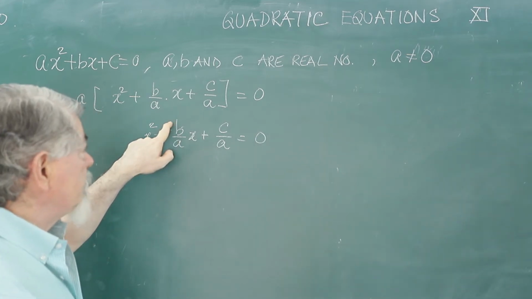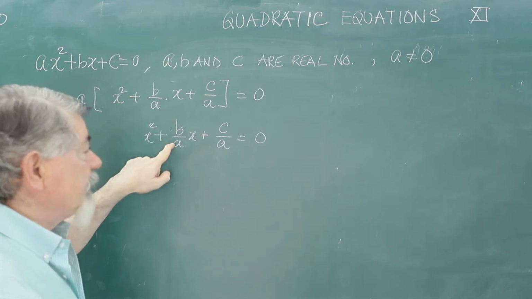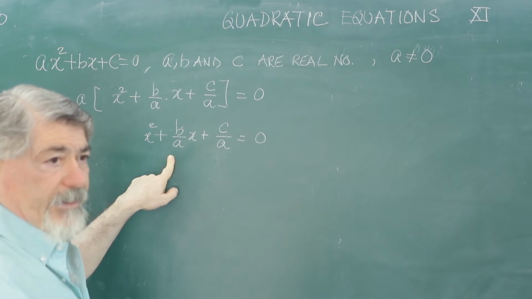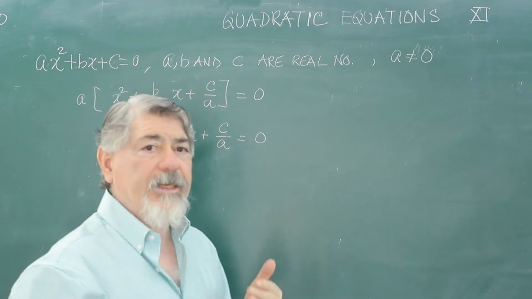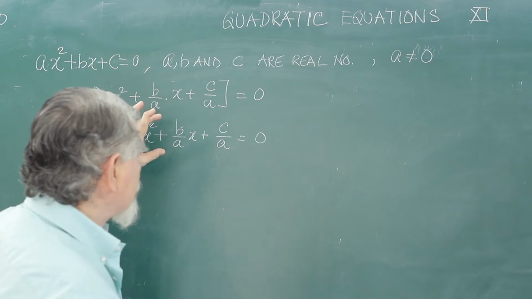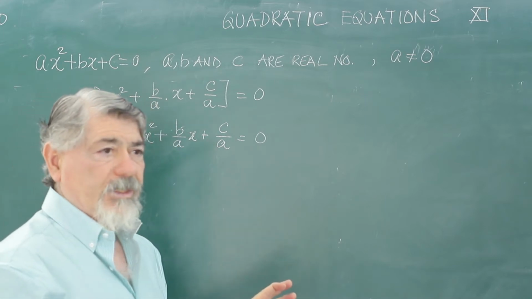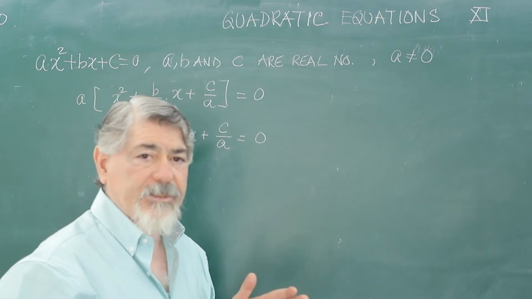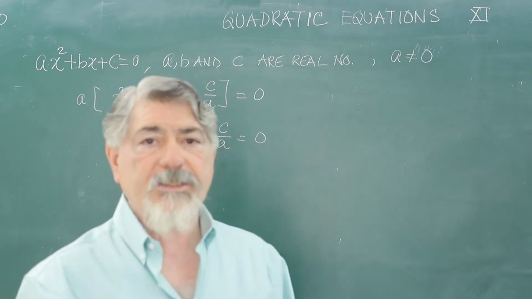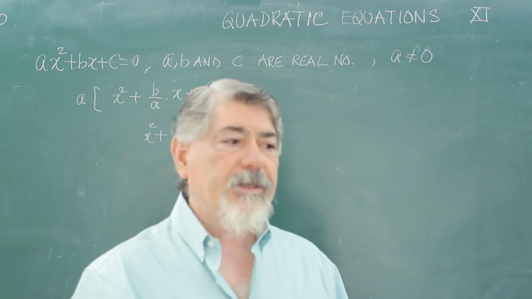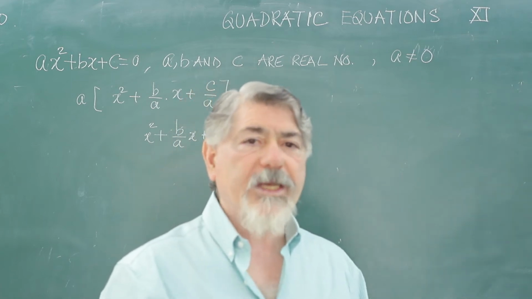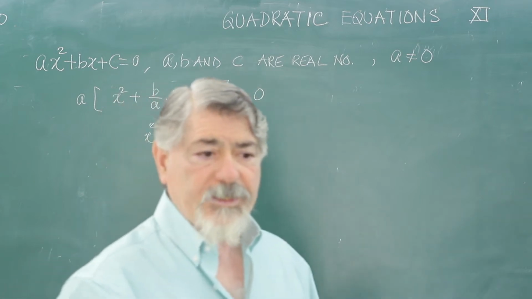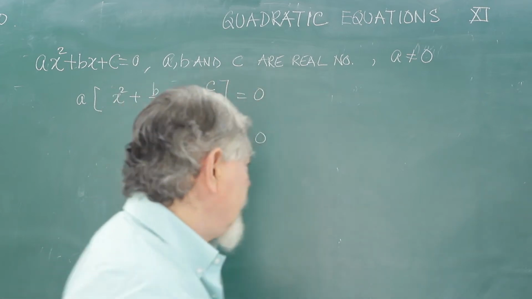So we'll take half of b upon a, which will be b upon 2a, and we will square it and add it to the equation. When I'm adding something to the equation, I'm changing the equation, but I cannot change the equation. So I will subtract the same thing that I have added. So basically I'm adding 0 to the equation, and that will not make any difference.